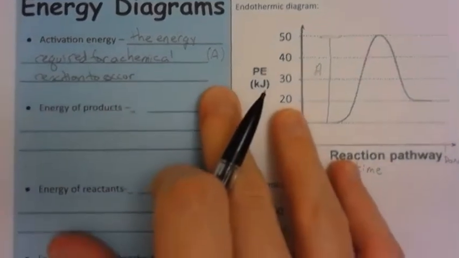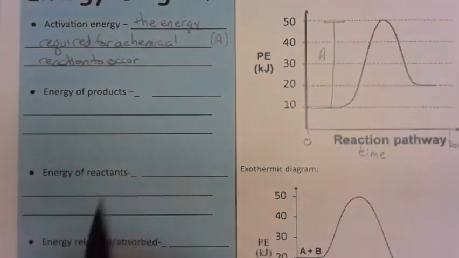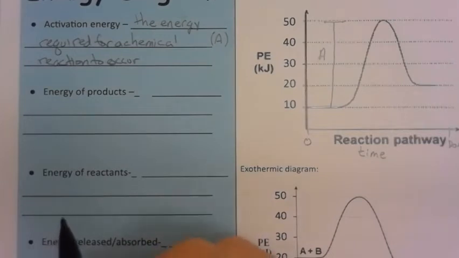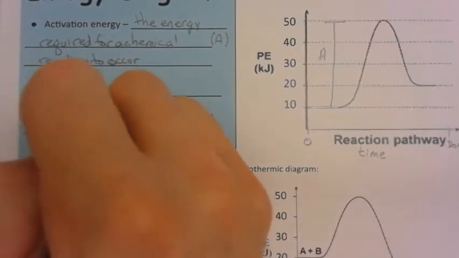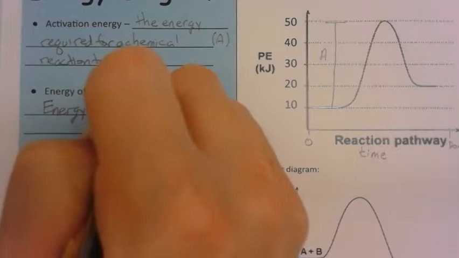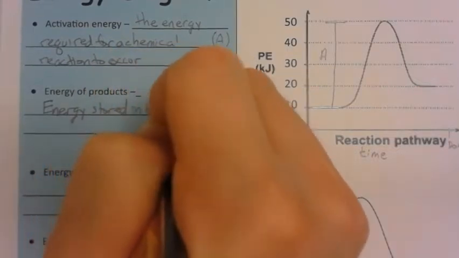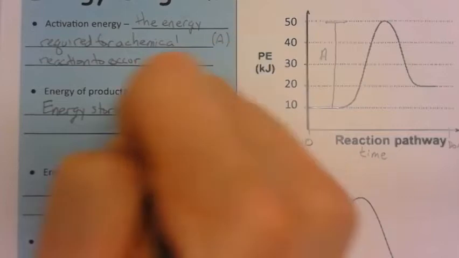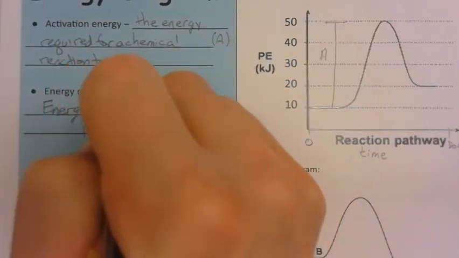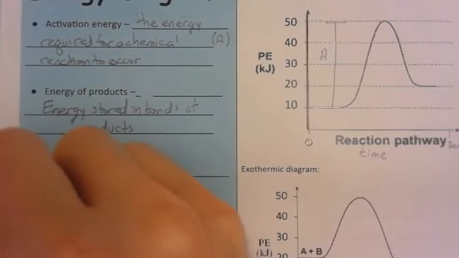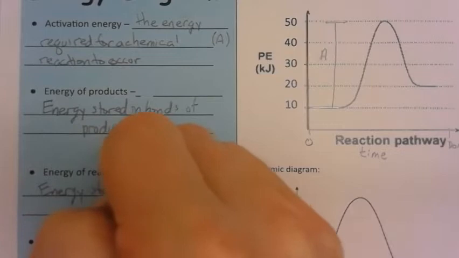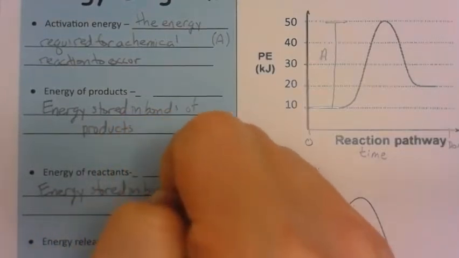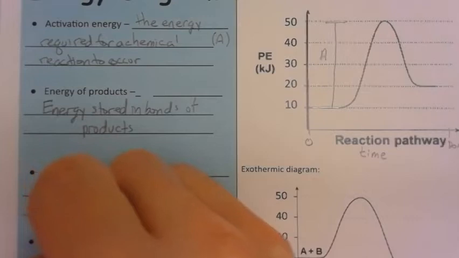So the next two are pretty straightforward: energy of products and energy of reactants. It's the energy stored in the bonds of the products or the energy stored in the bonds of the reactants.